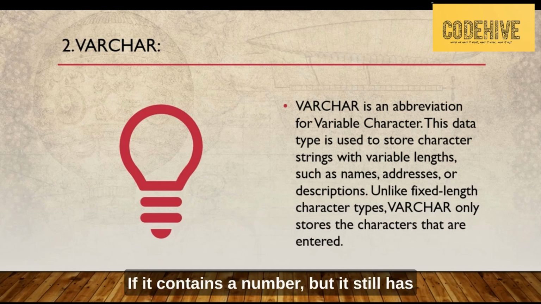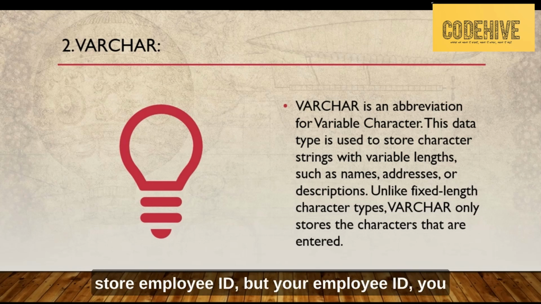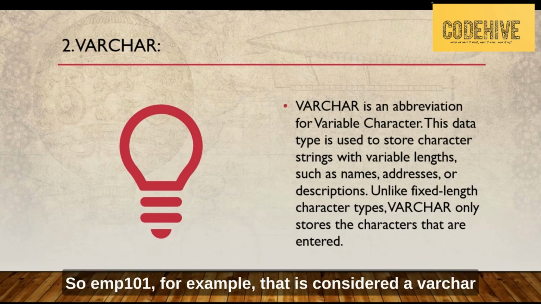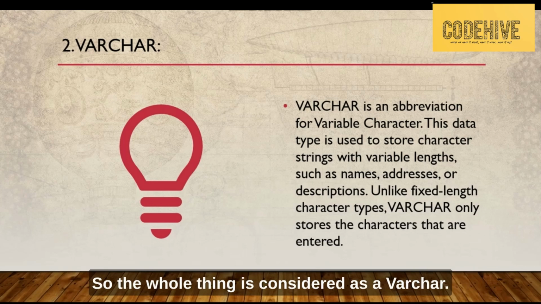If it contains a number but it still has a letter, then it's still considered a varchar. For example, you want a column that will store employee ID, but you don't want it to be an int. You want it to first have the name emp and then the number. So EMP101, for example, is considered a varchar. It contains a number, but it still contains a string, so the whole thing is considered a varchar.